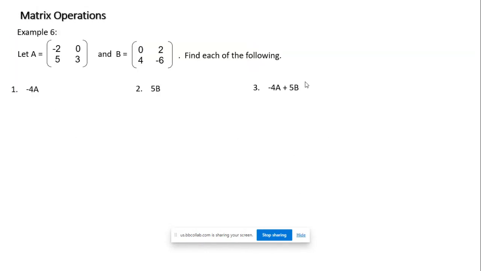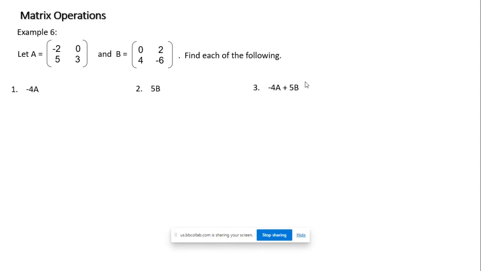Now let's look at building up to a more complicated problem where we have to apply scalar multiplication with addition. Even though these are 3 questions on your homework, it's probably going to be 1. It's going to say find negative 4A plus 5B. And the best way to do it is always let's do it in pieces.